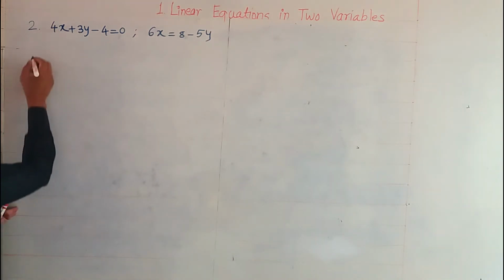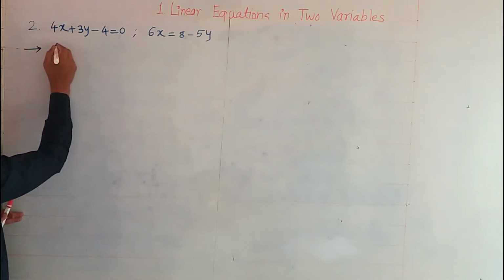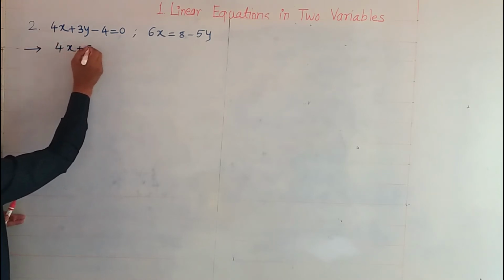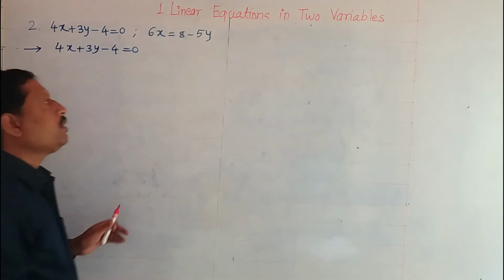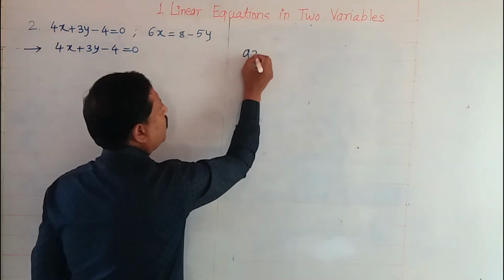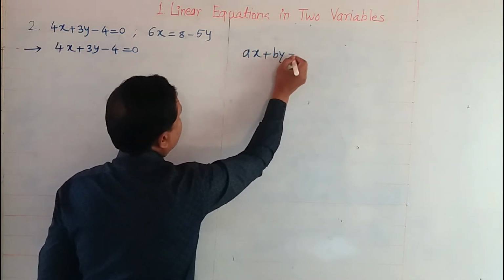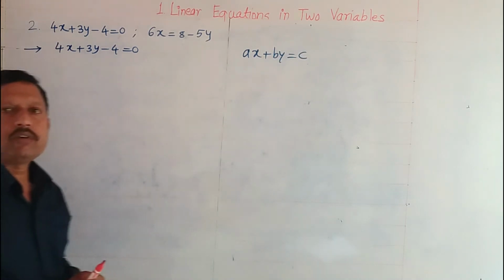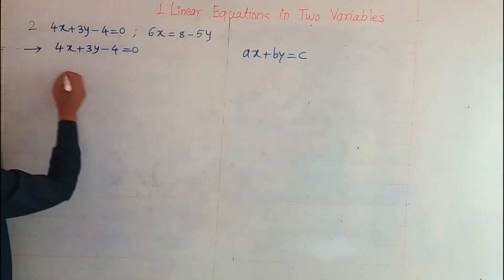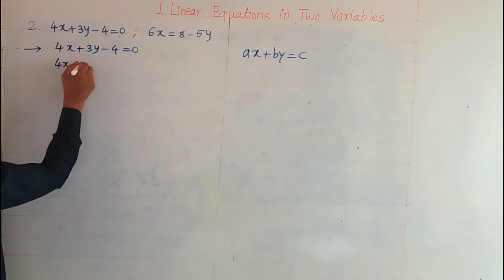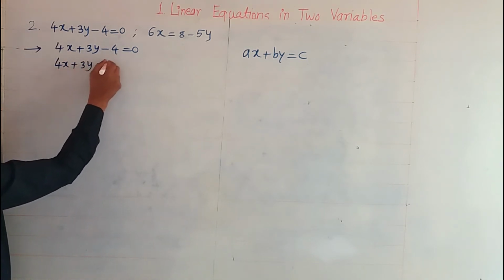In this example, the equations are not given in the format that we require. Which format do we require here? We require the format ax plus by is equal to c. So first of all, convert this equation into the required format, that is 4x plus 3y is equal to 4.